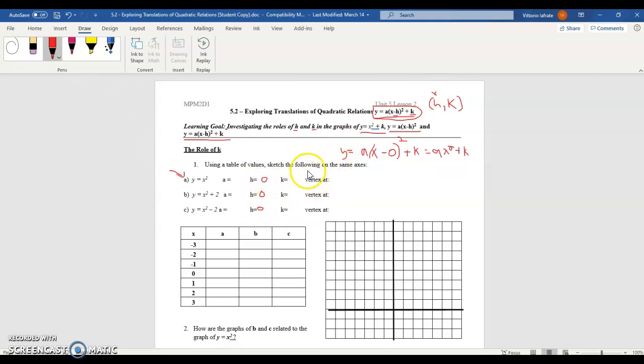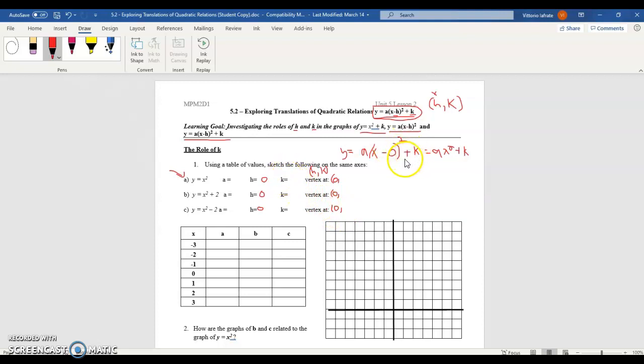Remember that the vertex is always going to be your (h, k) coordinate. So we know that all of these relations here have the x for the vertex as 0. So now we just have to find k.